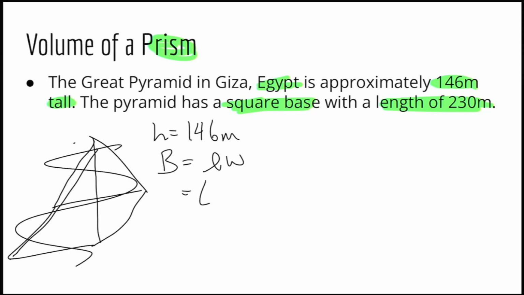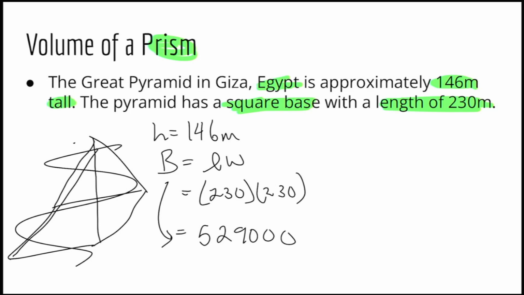We know that the length is going to be 230, so we're just going to multiply 230 times 230, and that's going to be 52,900. So the area of my base is going to be 52,900.